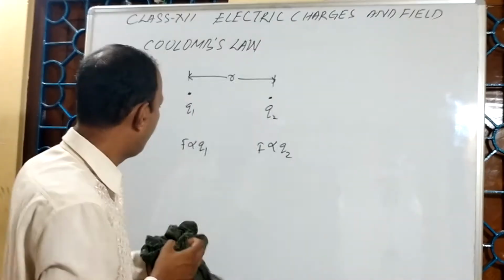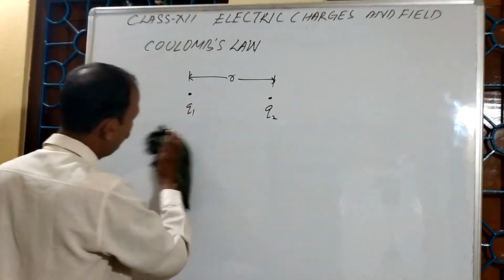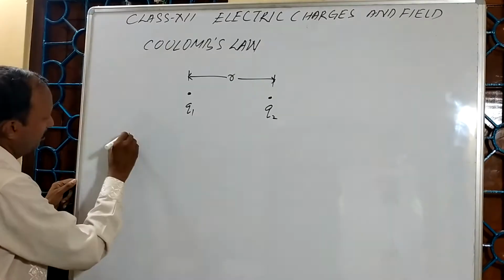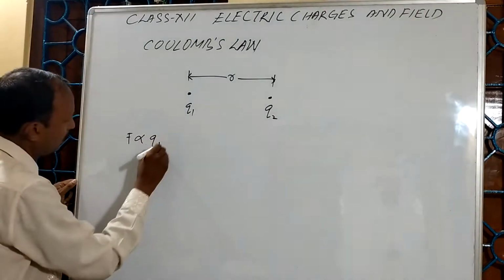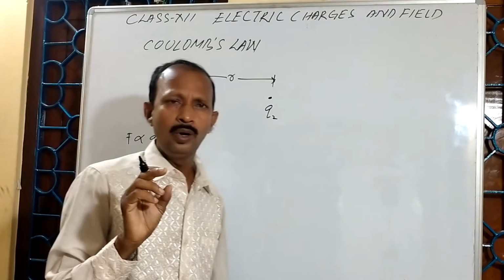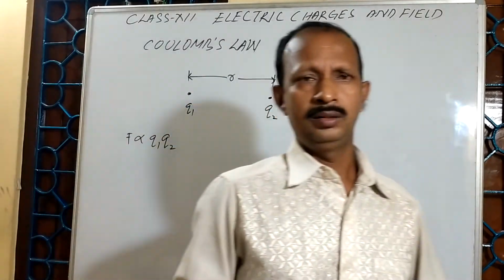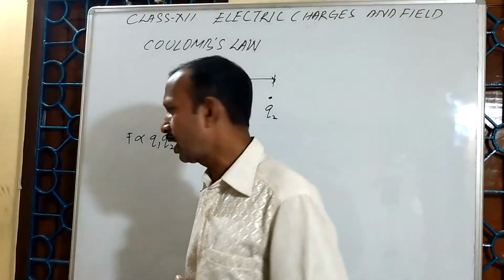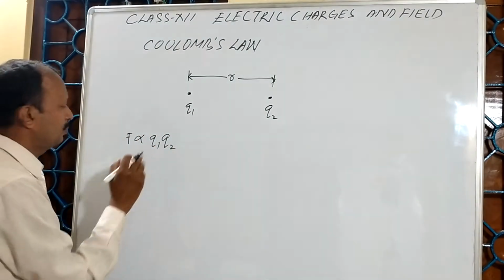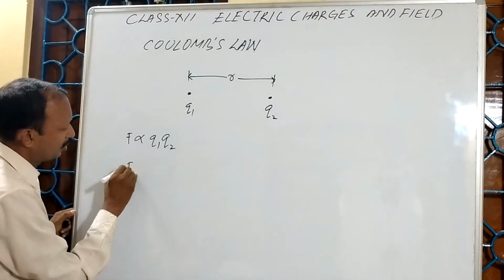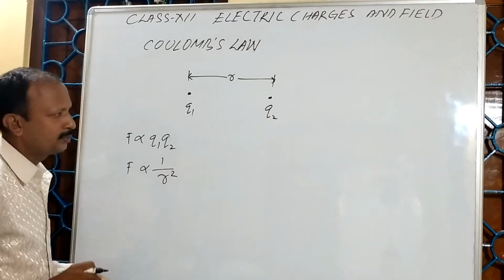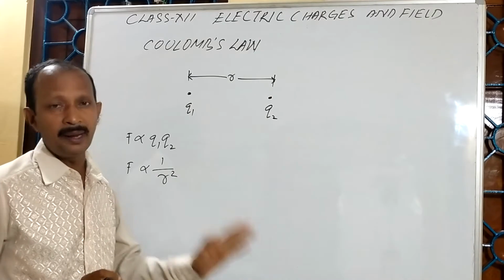So I can combine and write that force is directly proportional to Q1 Q2 according to Coulomb's law, or we say inverse square law. So force is directly proportional to the product of their charges, and force is inversely proportional to the square of the distance between them.